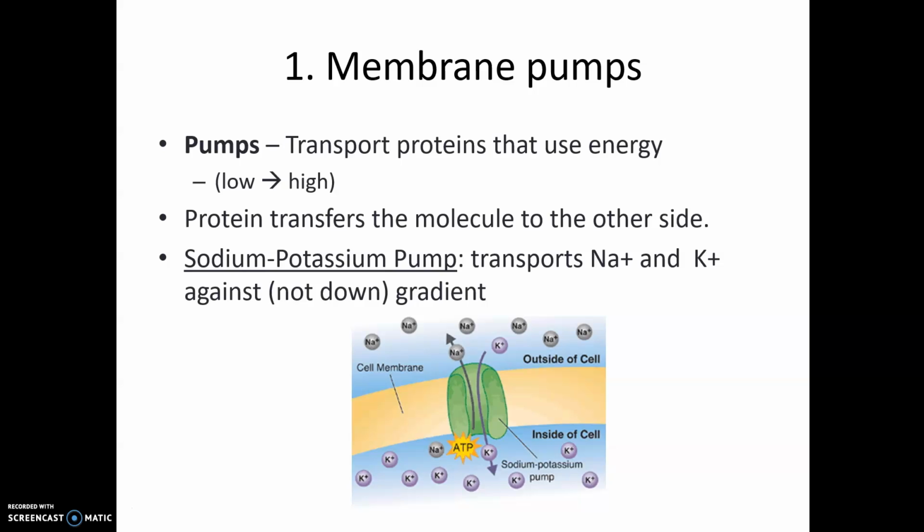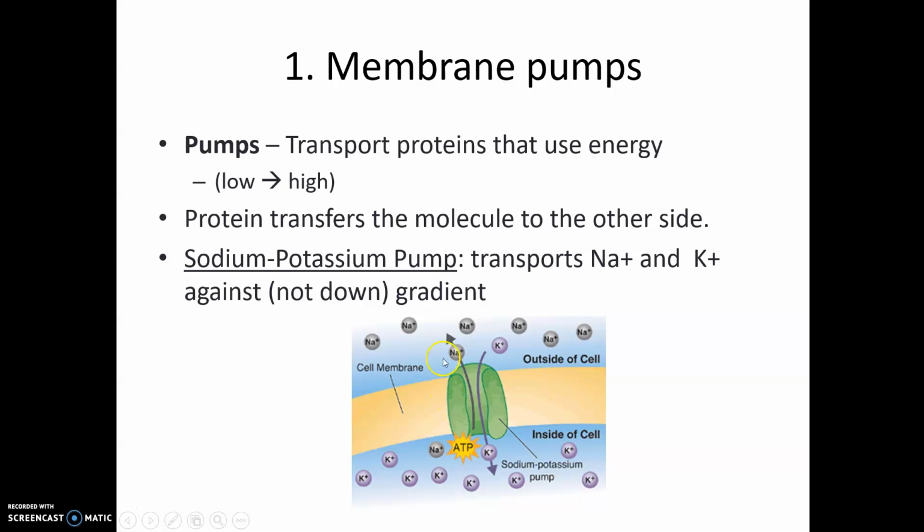This type of protein transfers a molecule from one side to the other. Like I said, this is probably the most common one. It transports sodium and potassium against, not down, the gradient. What that means is it's moving sodium, the Na, to where all the other Nas are, and then the potassium, the K, to where all of the other Ks are.